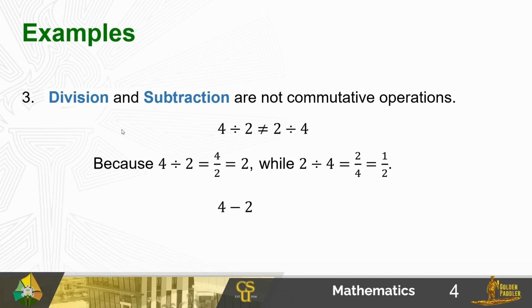Similarly, 4 minus 2 is also not equal to 2 minus 4, because 4 minus 2 is 2, while 2 minus 4 is equal to -2.